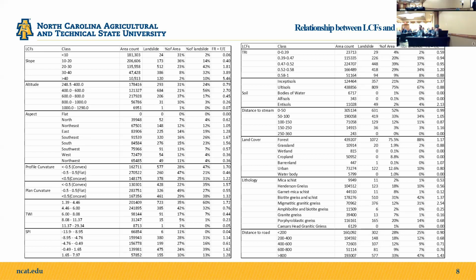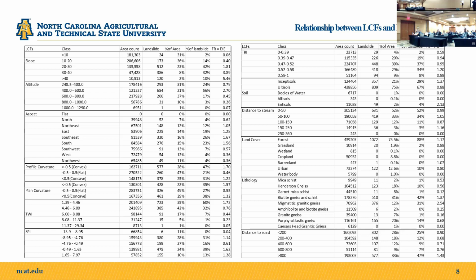If we also look at 30 degrees, the frequency ratio is 3.84. Any area less than 10, the frequency ratio is very, very low, which is 0.06. And that is the reason for our choice of the threshold that I explained earlier. So as the slope increases, the frequency ratio continues to increase.